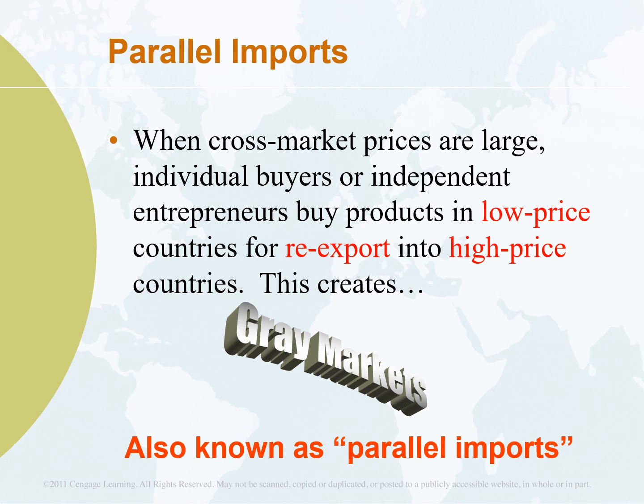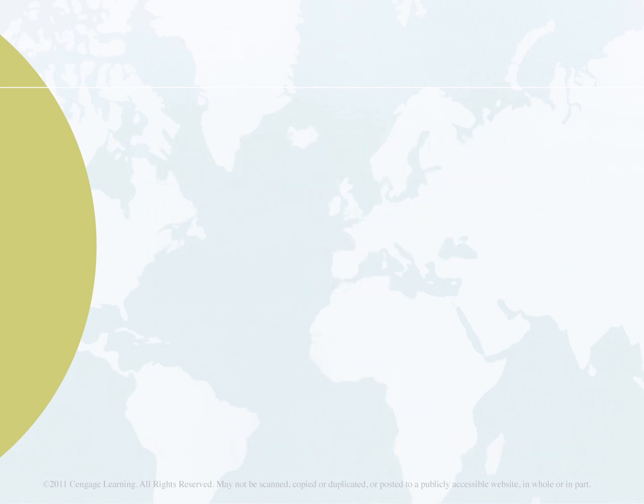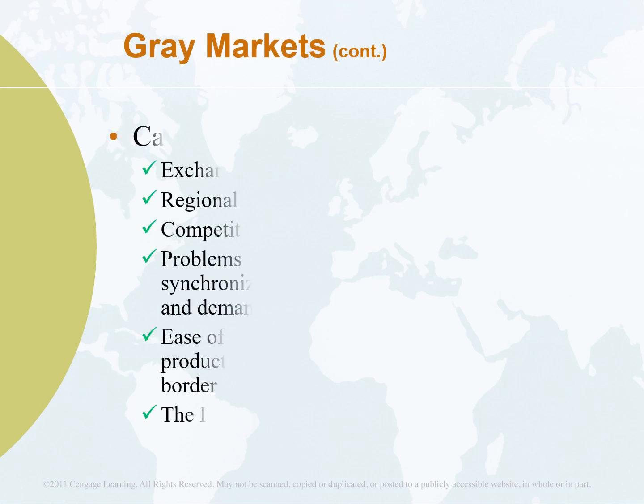Same textbook, just different cover, soft cover versus hard cover. That is called the gray market, which of course is not authorized by the seller, but it's not purely illegal. Some of my students used to be able to buy gray market textbooks cheaper.